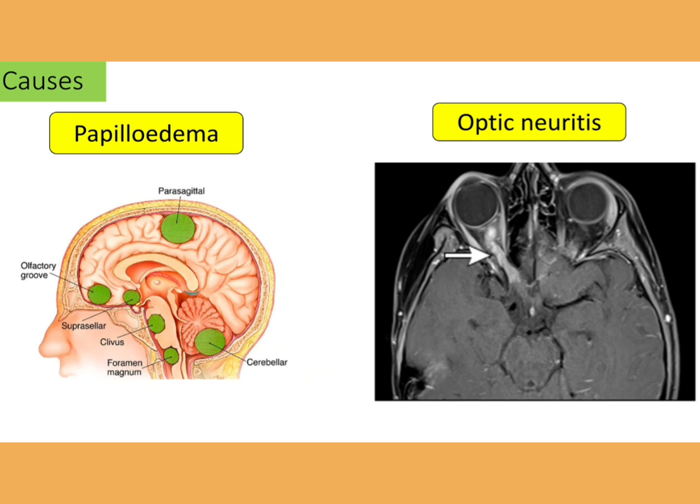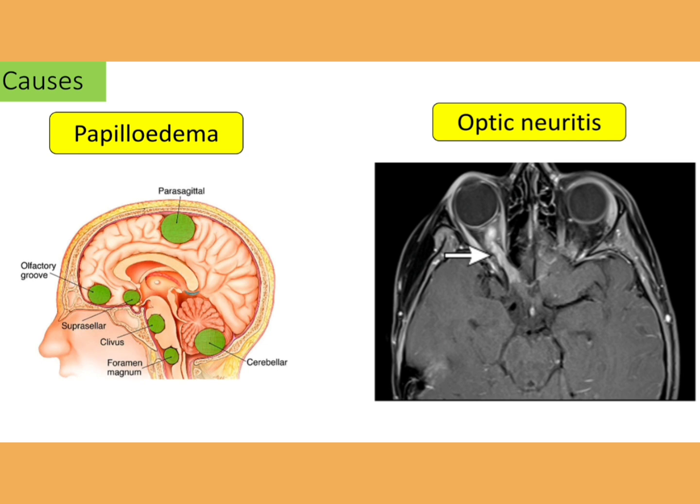But if I talk about optic neuritis causes, the main cause of optic neuritis is idiopathic or type 4 hypersensitivity reaction. Optic neuritis can also be due to demyelinating lesions like multiple sclerosis, neuromyelitis optica, or myelin oligodendrocyte glycoprotein disorder. Multiple sclerosis means demyelination of the optic nerve and nerves of the brain, right?